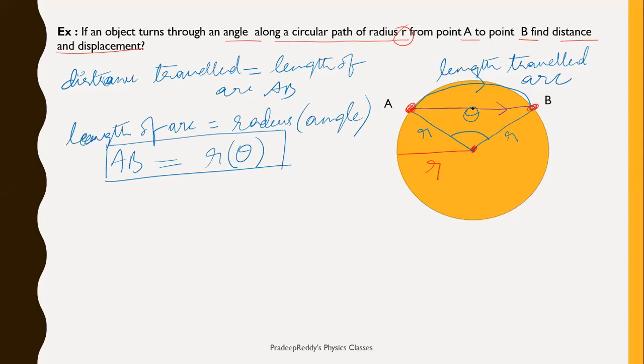I'll now drop one perpendicular over here. This is perpendicular. Let me take this as x. Obviously, this also should be x because it is perpendicular. Length from here to here is r. OA and OB are equal. Therefore, you can take AN and NB as equal. I want to now find out displacement.